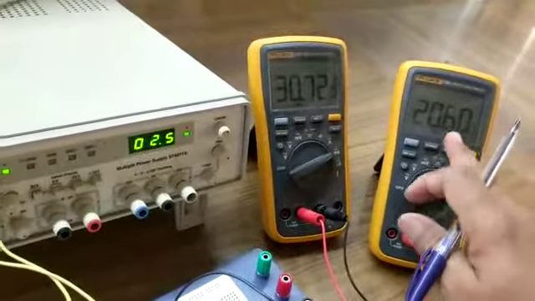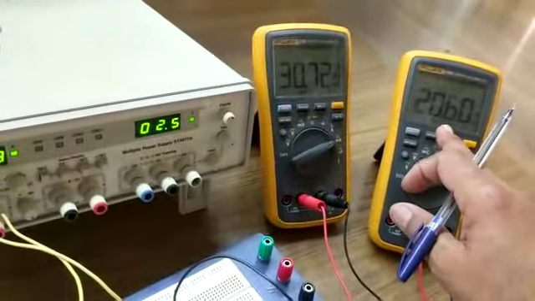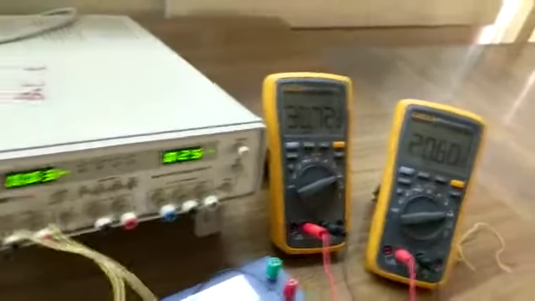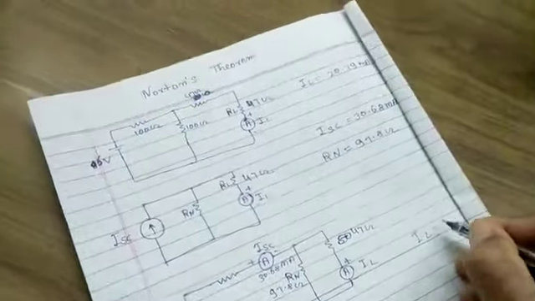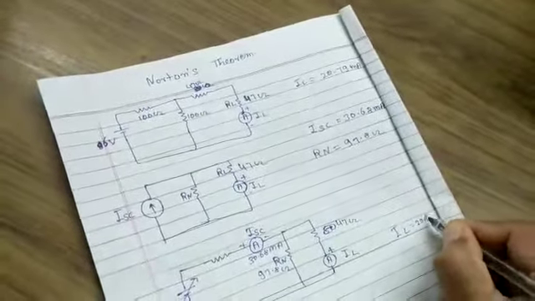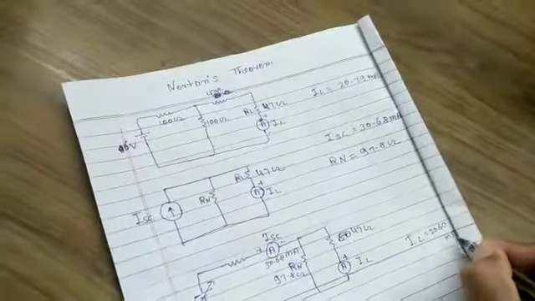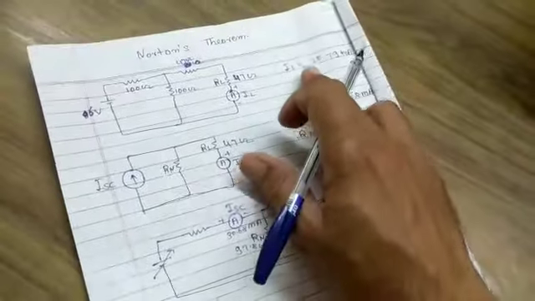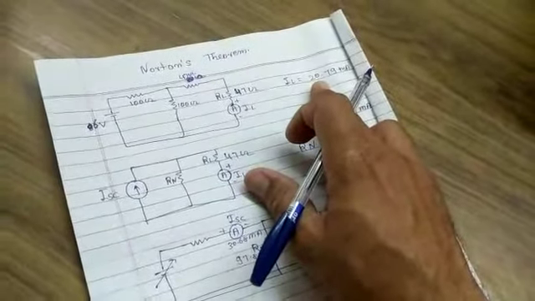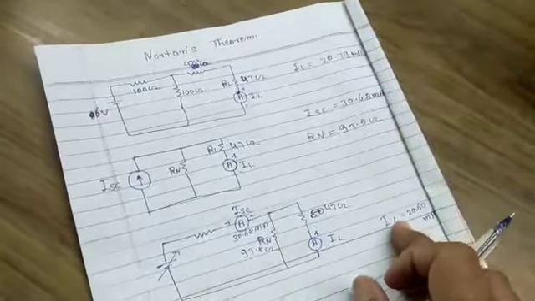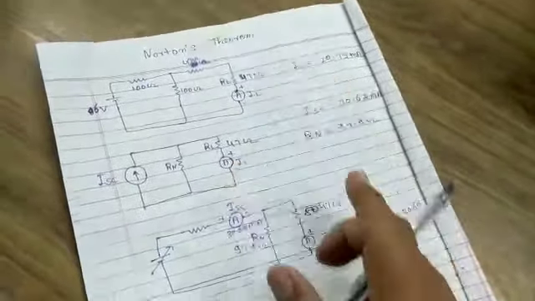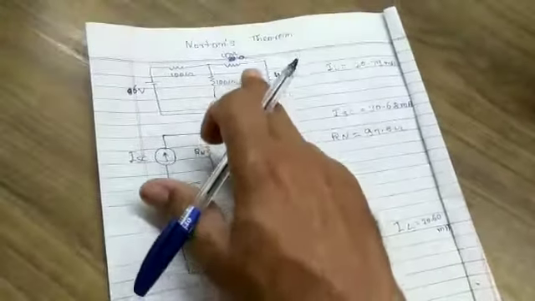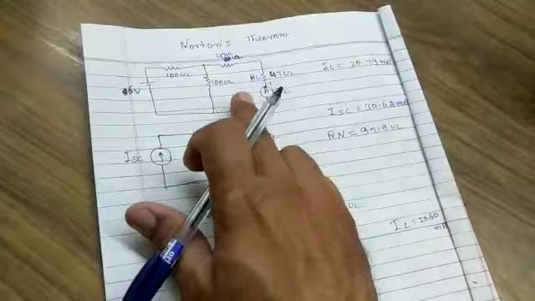Now the second ammeter is displaying the load current, which is 20.60. Now the Norton equivalent load current and the load current found initially are nearly the same. So we have proven the Norton theorem.